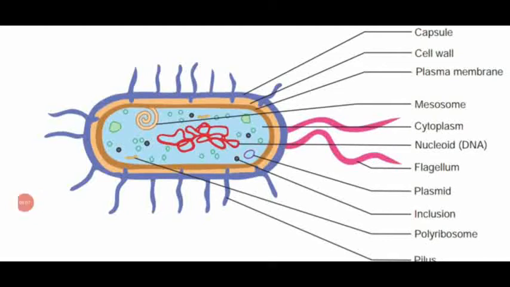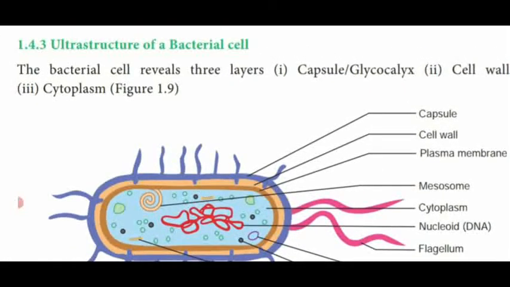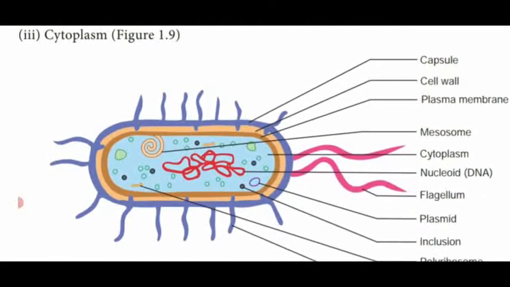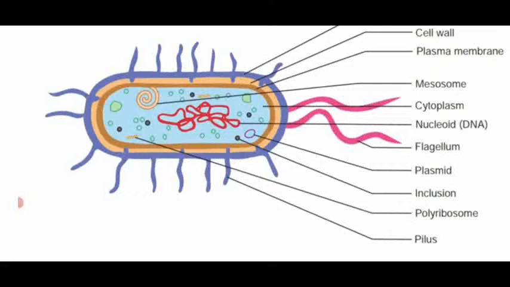Dear students, this is the ultrastructure of bacteria which is surrounded by a gelatinous substance named capsule. Inner to the capsule is the cell wall. Inner to the cell wall is the plasma membrane which encloses the cytoplasmic region. This cytoplasm contains the coiled DNA material or chromosome that is called a nucleoid or bacterial chromosome.